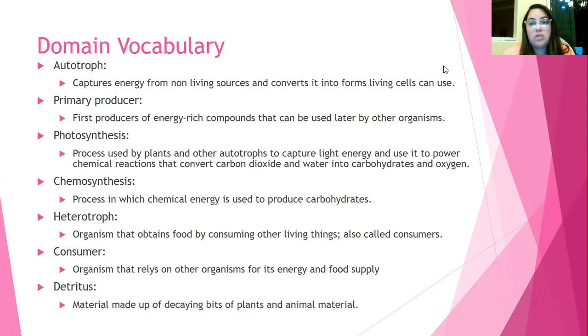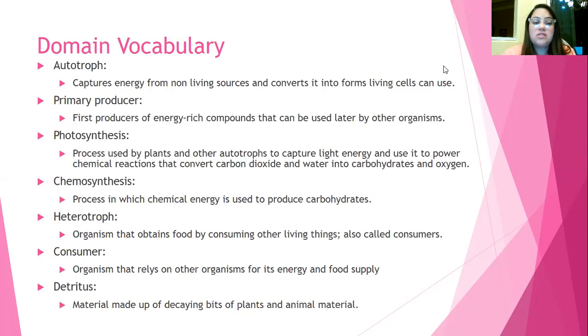And these are our plants, algae, and a lot of bacteria that are also photosynthetic. Chemosynthesis is basically almost the same as photosynthesis, just capturing energy from chemical reactions and chemical energy as opposed to light energy. And it's going to then produce the carbohydrates necessary.